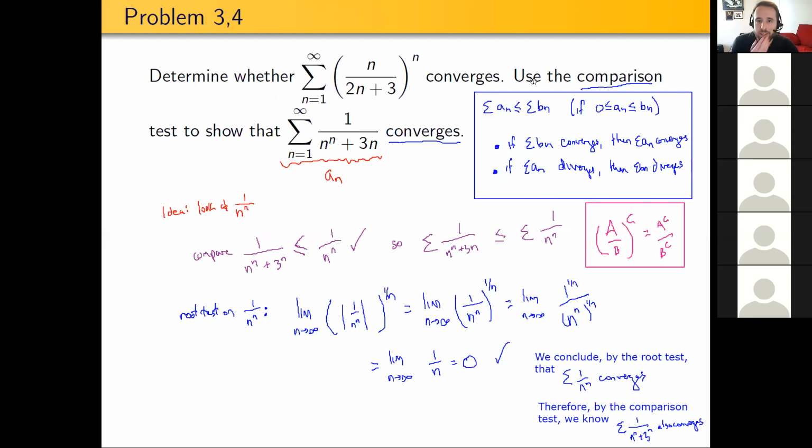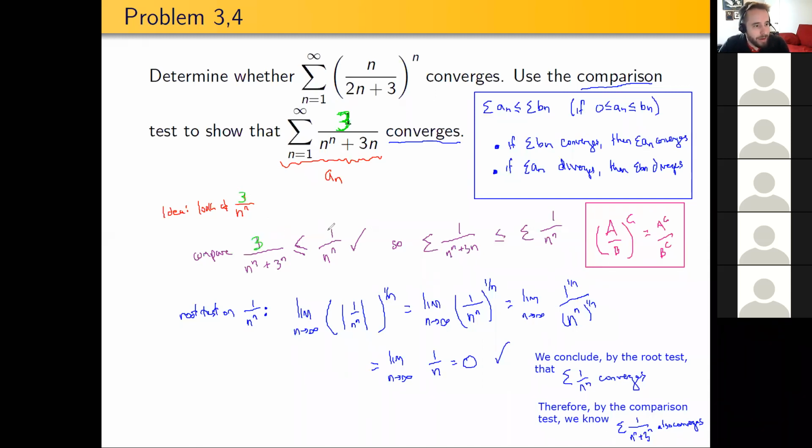Yeah, absolutely. Thanks for asking that question. It absolutely could be a different coefficient. An easy way that it could be, I'm going to pull out the color very bright green to highlight this. If we had been asked to show that this converged, with 3 over all of that, I could have then immediately compared that to 3 over n to the n.